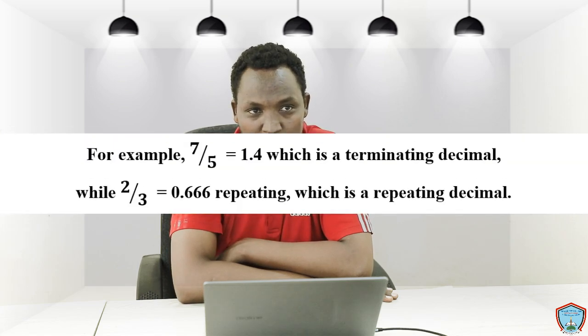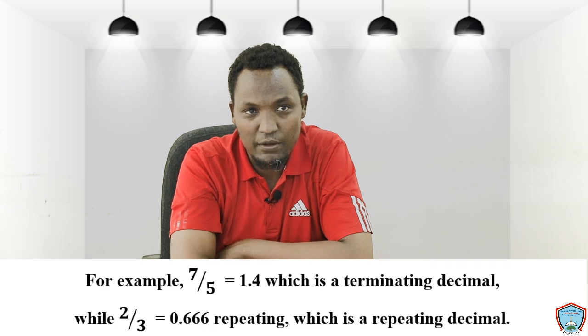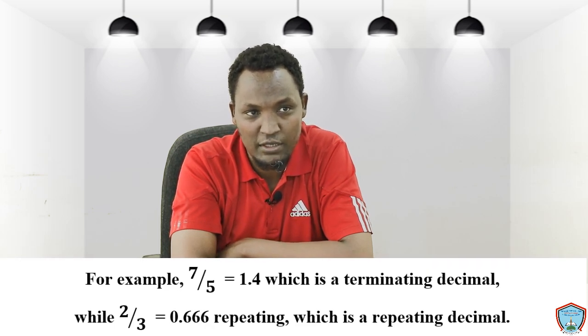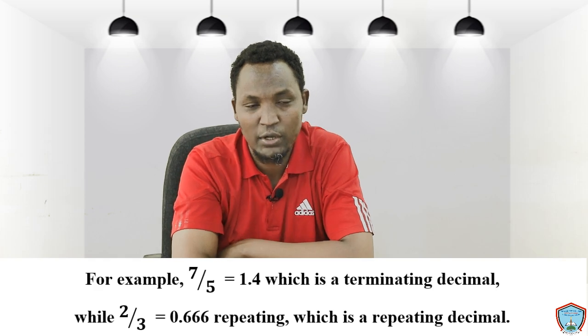Every rational number can be written as either a terminating decimal or a repeating decimal. For example, 7/5 equals 1.4, which is a terminating decimal, while 2/3 equals 0.6666..., which is a repeating decimal.